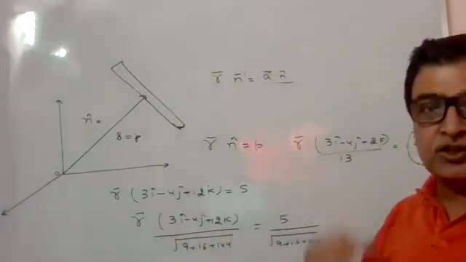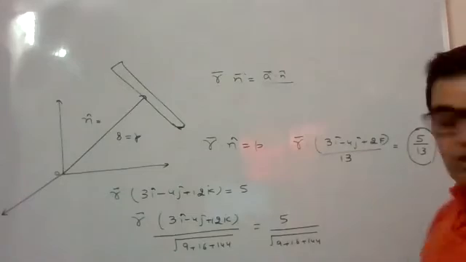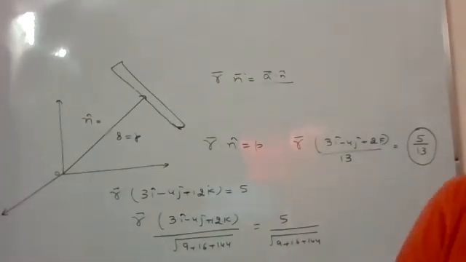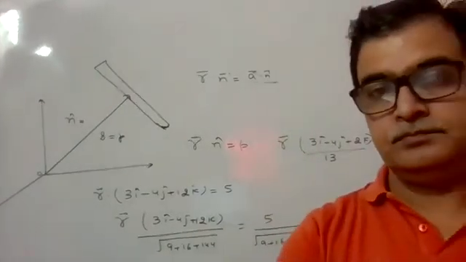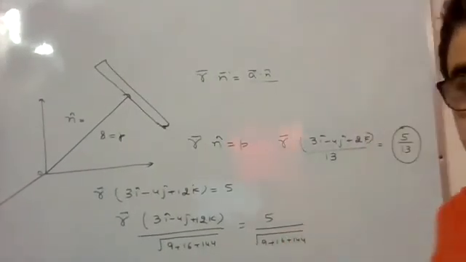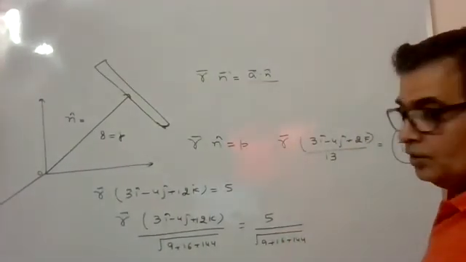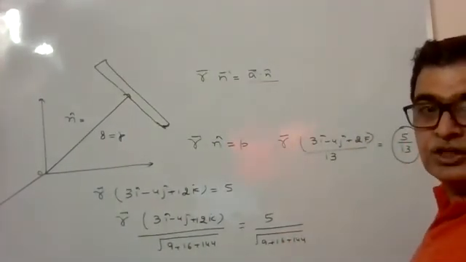What are the direction cosines here? In this equation, what are direction cosines? Can someone tell? Yes, please, what are the direction cosines?